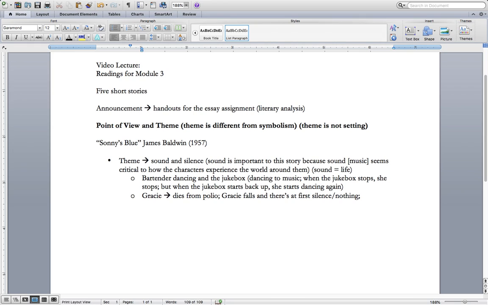But then she gets this gut feeling and she goes to see Gracie, and then she realizes something is really wrong. And then there's Gracie screaming and making a lot of noise. So at this point, she's not just making sound, she's screaming, and she eventually dies after this.